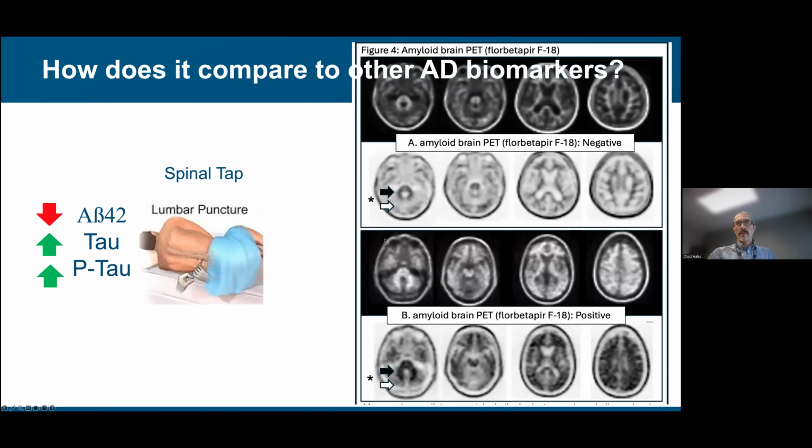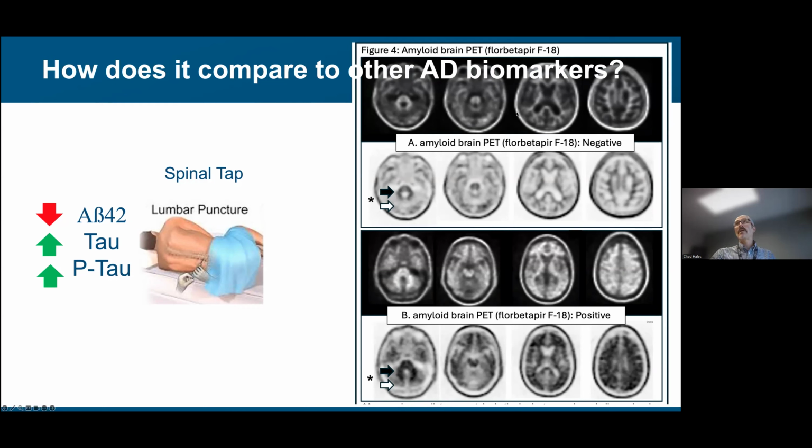The other is amyloid PET, which has its own challenges, right? Amyloid PET is this special brain imaging where you have an IV placed, injected with a little radiolabeled ligand that binds to amyloid in the brain. And if you have Alzheimer's disease changes in your brain, particularly amyloid, then it binds to that and it creates this picture like what you see down here on the bottom.